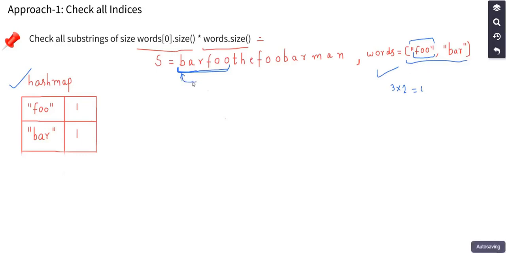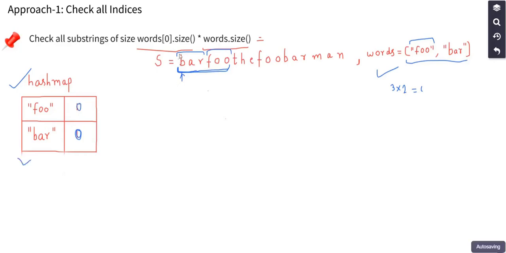So we choose 3 characters. We choose BAR and check if this BAR is present in the hash map or not. It is present in the hash map, so we decrement the entry by 1 here. It becomes 0. Then we move to the next word of size 3, that is FOO, and we can see that this is also present in the given hash map, hence we decrement the entry by 1 here.